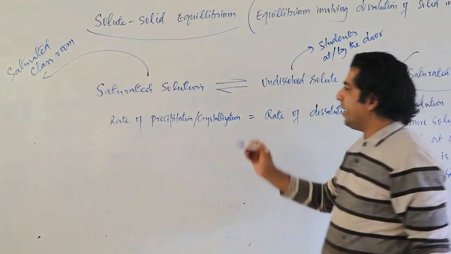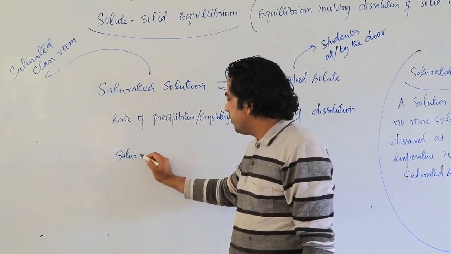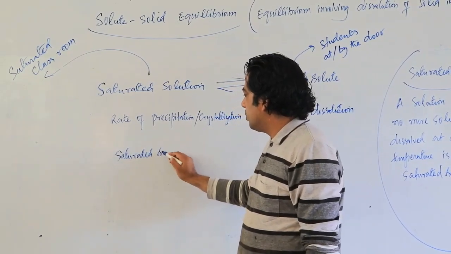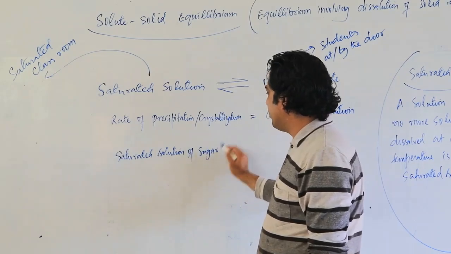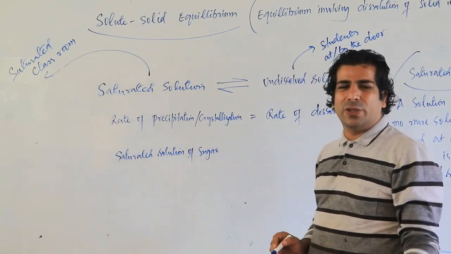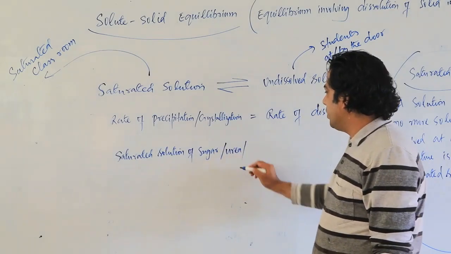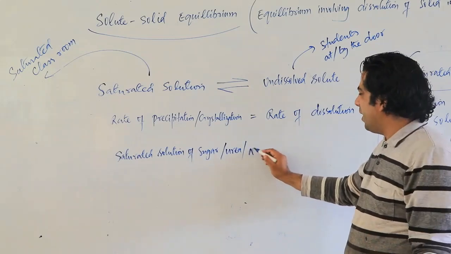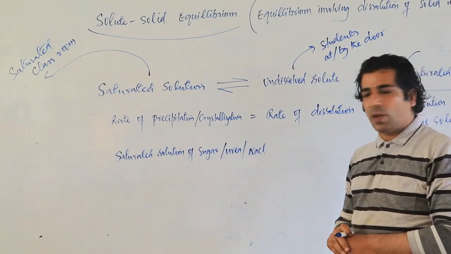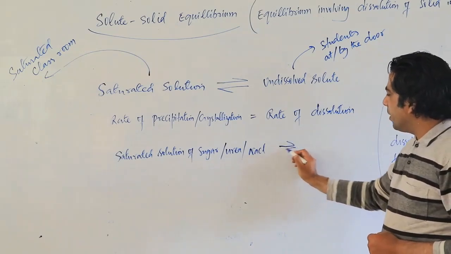My dear friends, you can take an example of, let us suppose, a saturated solution of sugar, or a saturated solution of urea, or any other thing, let's suppose NaCl, sodium chloride, and so there will be an equilibrium.